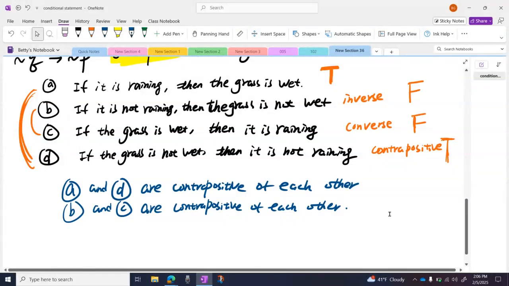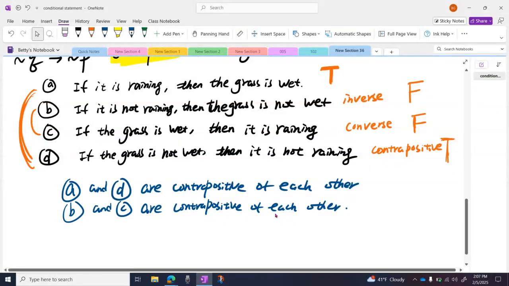When we make sense of things, sometimes the contrapositive will help us, right? A lot of things we can analyze using the contrapositive.